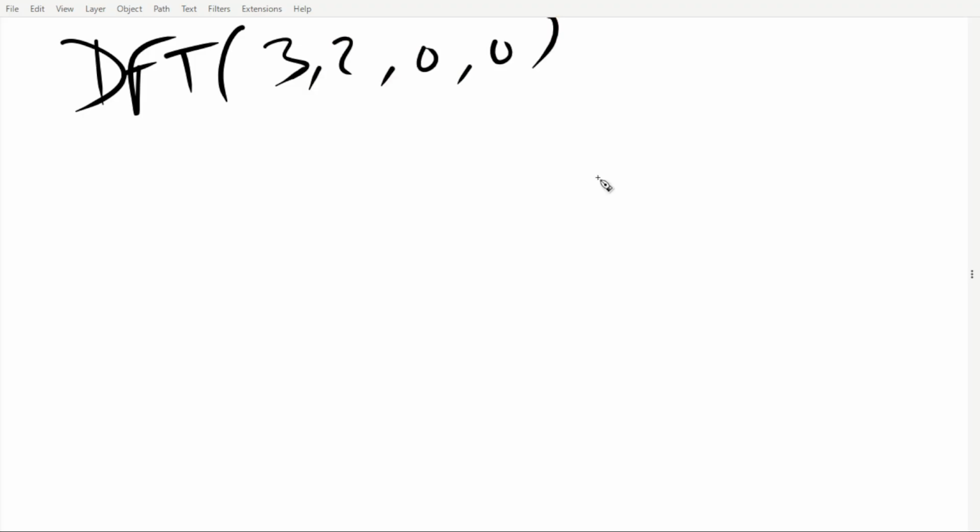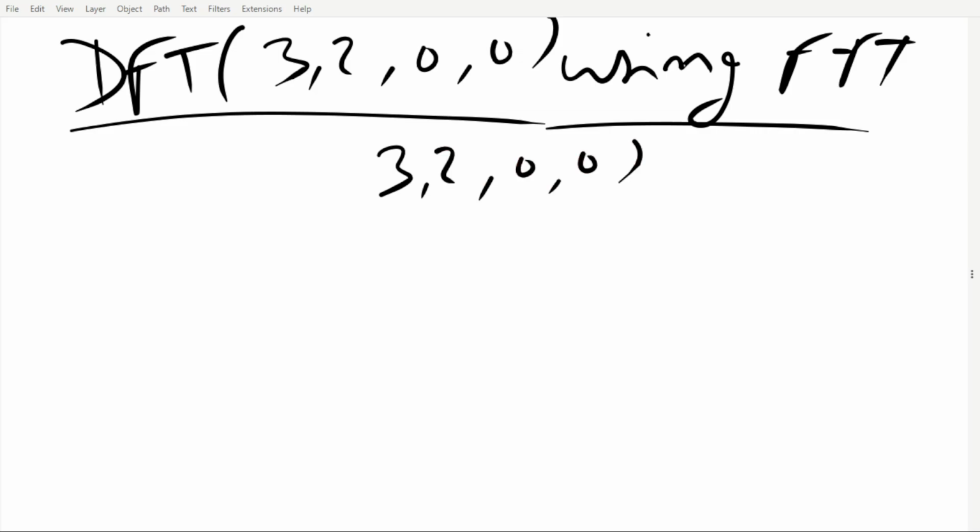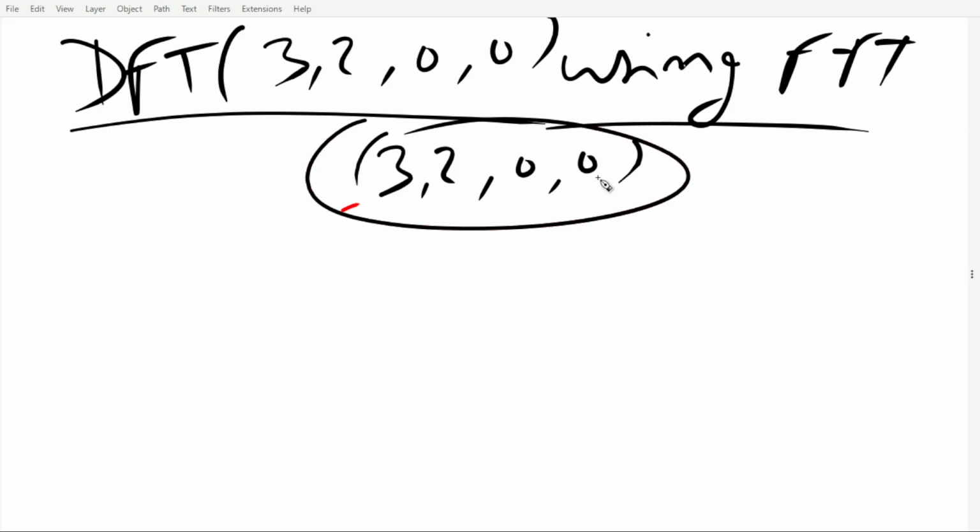Now we know how to compute, again using FFT. We know how to compute the original problem 3, 2, 0, 0. Separate out even and odd parts. Even part is 3, 0, odd part is 2, 0.